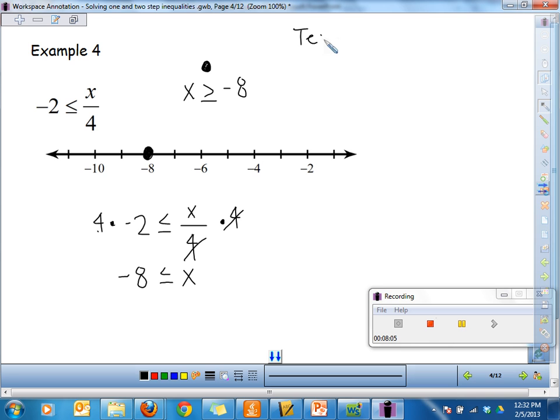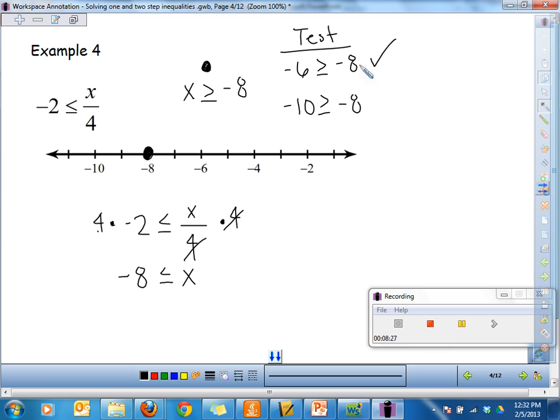And I'm going to pick two test points. I'm going to pick negative 6 and negative 10. Is negative 6 greater than or equal to negative 8? Or is negative 10 greater than or equal to negative 8? Alright, is negative 6 greater than or equal to negative 8? Yes.